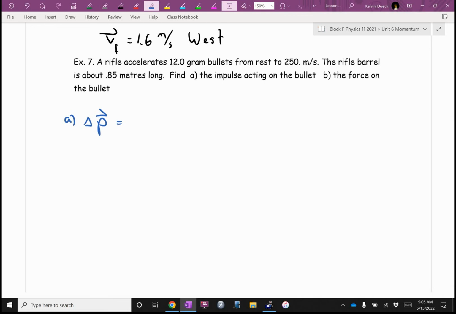Yes. Good. MV final minus MV initial. Although, what's V initial in this question? Gone. Okay. Ooh, what's the mass? Don't say 12. What are the units next to that 12? We'll have to do a conversion. How do I go from grams to kilograms?